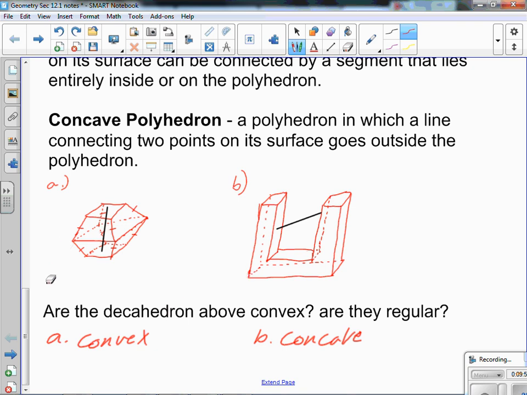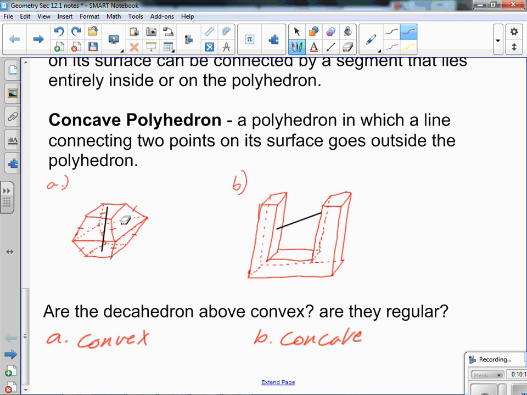And then the next question asks if they're regular. So we want to look at each face and see if they're all equilateral, equiangular, and all congruent. So if I look at figure A, we've got a bunch of trapezoids making up the side or the faces with one congruence mark there.